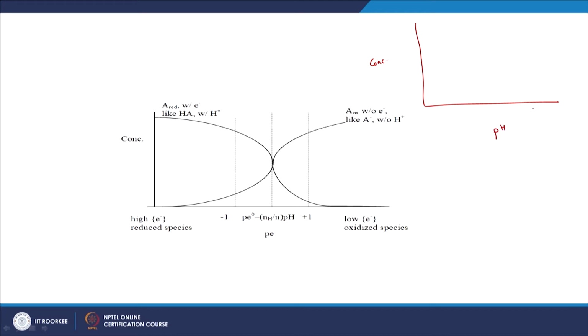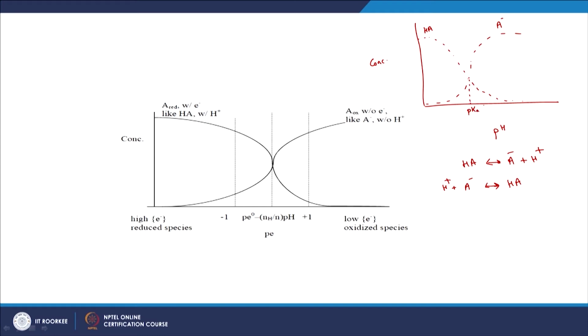We had our protonated form HA, and here we have our deprotonated form, A minus. This is for the reaction where HA goes to A minus plus H plus, or in the way that we want to understand now, H plus and A minus go to HA, and the point where both concentrations are equal is pKa.